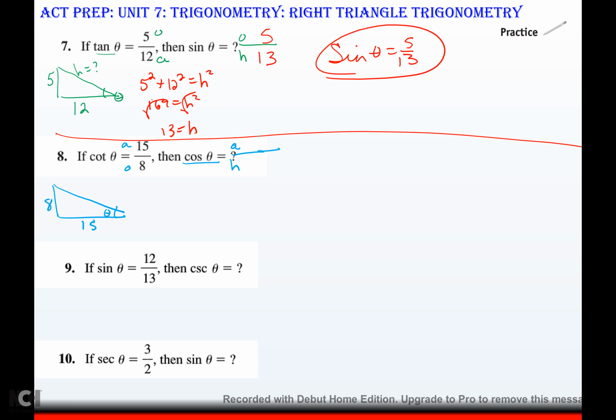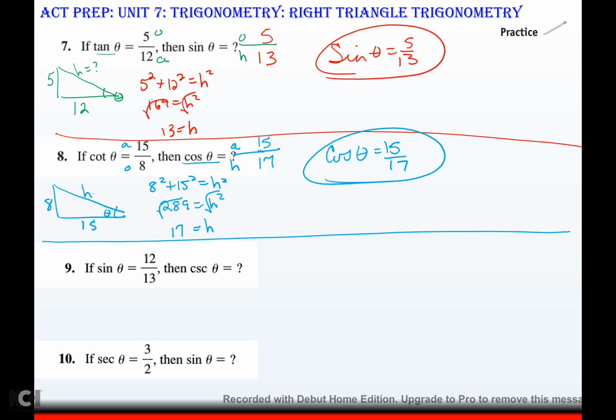Well, I know adjacent is 15, but I got to figure out my hypotenuse again. So I have 8 squared plus 15 squared equals hypotenuse squared. This is 289 equals hypotenuse squared. Square root, I get my hypotenuse is 17. Goes on the bottom, so cosine theta is 15/17.